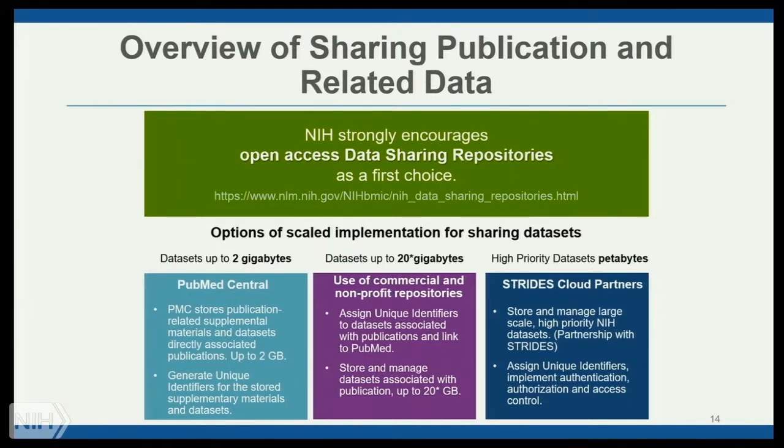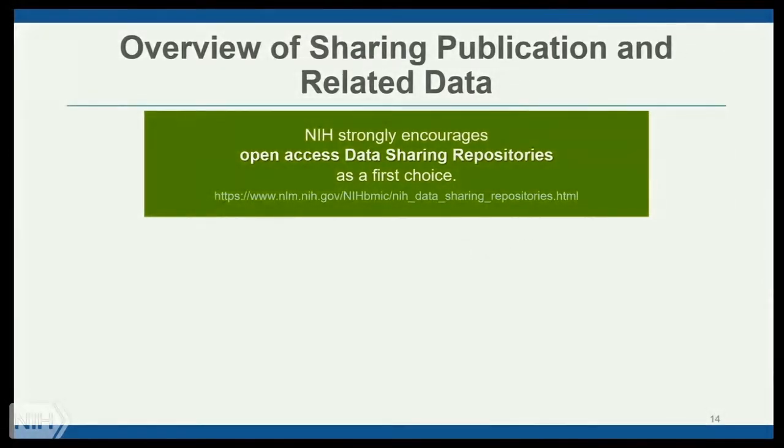There's not necessarily a one-size-fits-all, because you represent researchers from all the institutes and centers, and as you know, you have different data with different needs, and so we can't give you one solution, but we have to give you reasonable solutions that you can adopt. As a first pass, NIH strongly encourages that if there is a community data repository for your data that's open access, that you do use it, and you can see the link to the website. And I'll talk a little bit about trusted data repositories in a minute.